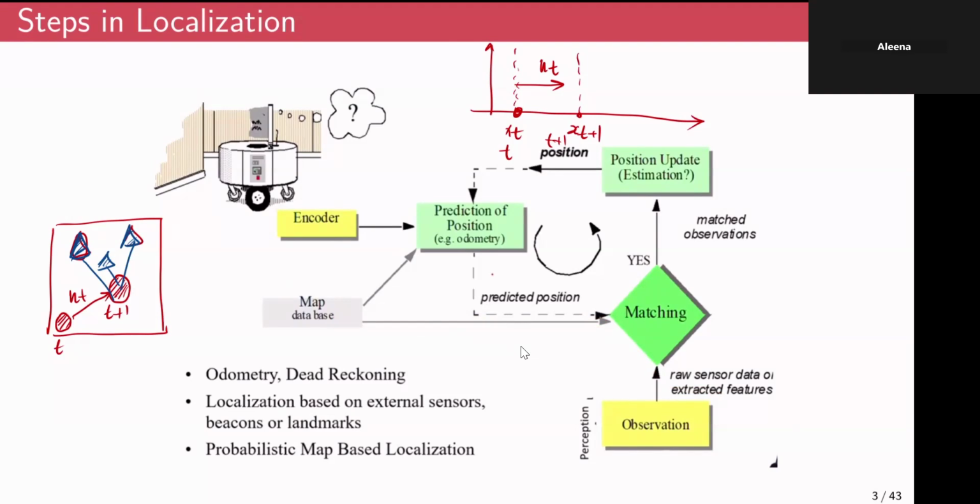But the prediction may not always be true because there could be issues due to wheel slipping. There could be issues due to mathematical rounding errors. All these sorts of things can creep in through the prediction phase. But the observation phase is actually what it really sees.